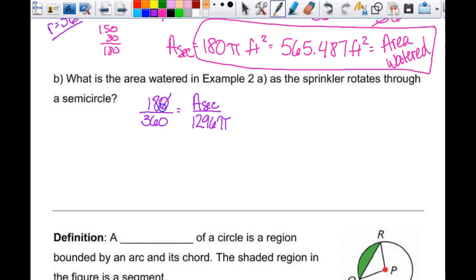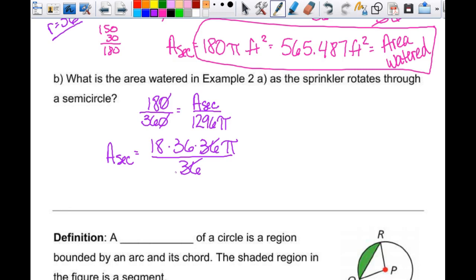Okay. So I'm going to cancel those out. And then the area of the sector is equal to 18 times, isn't this just like 36 times 36 pi, all over 36? So then cancel those out.